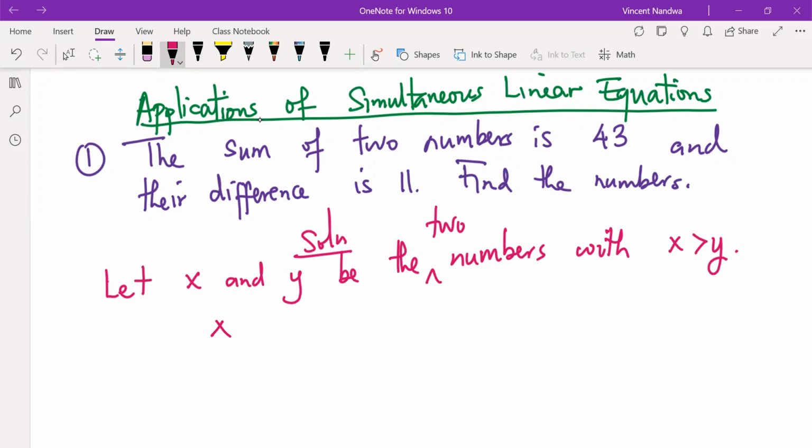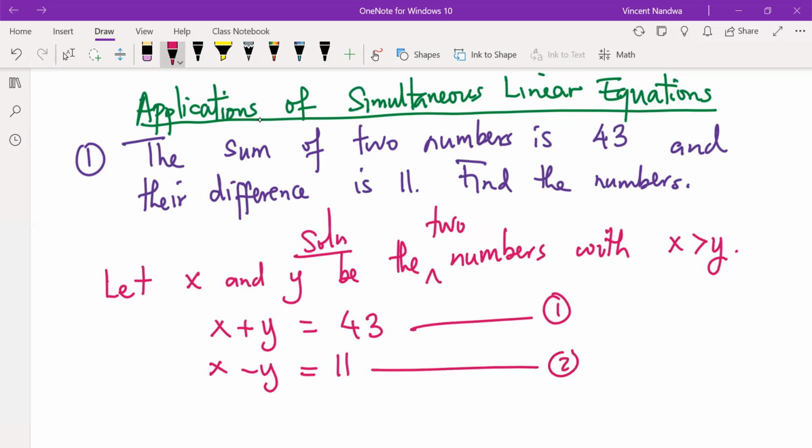So then x plus y is 43 and x minus y is 11. That's the condition given. Sum is 43, difference is 11. So call this equation 1, call this equation 2.